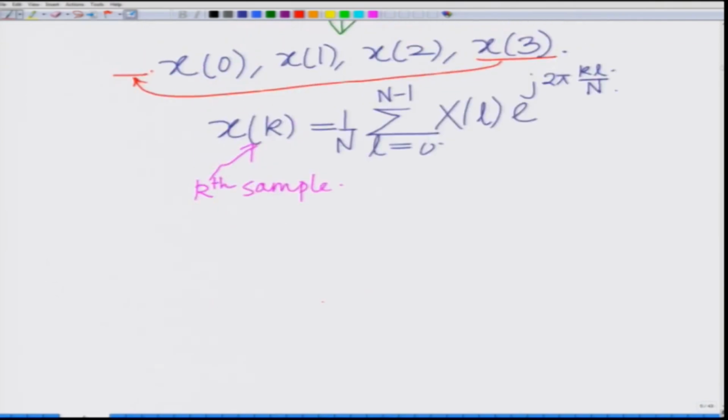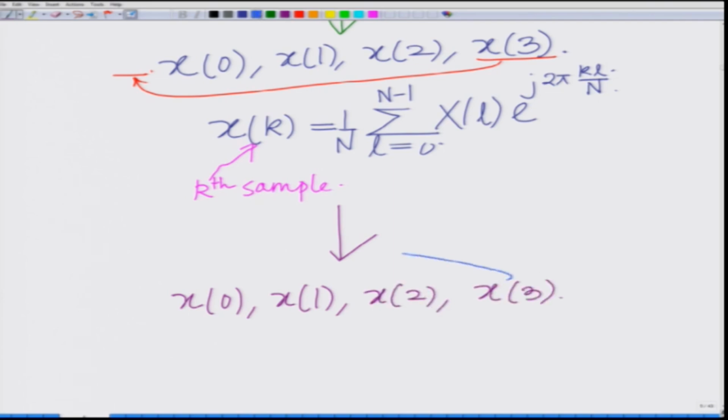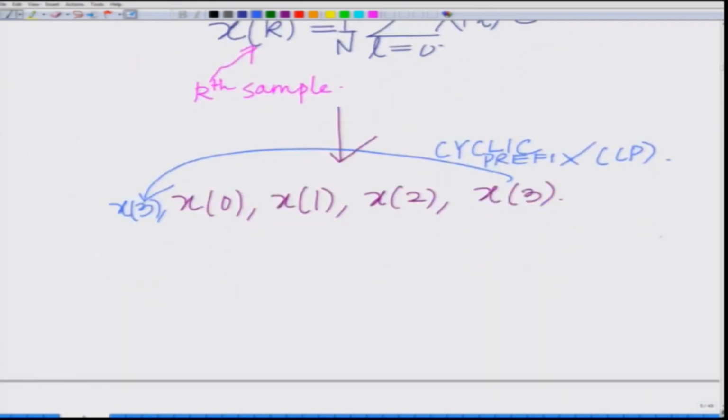So you have x0, x1, x2, x3, and you take x3 from the tail and prefix it. We have seen this many times before. This is known as the cyclic prefix, CP, and this is the block of transmitted symbols with cyclic prefix.